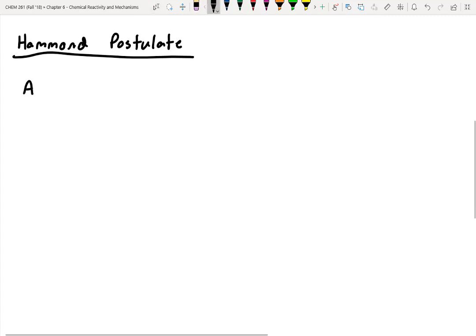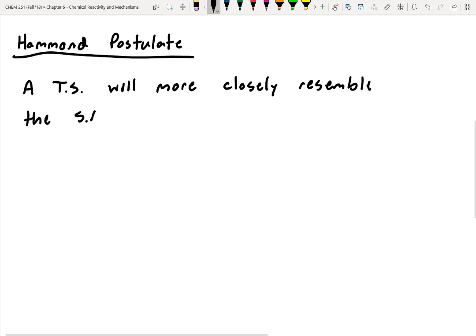And that's a postulate that states a transition state, which I'll abbreviate TS, will more closely resemble the starting material, intermediate, or product, whoops, that is closest in energy.